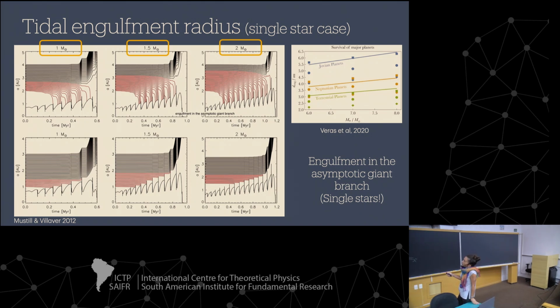The red lines are the separation at which, if I put one teeny tiny planet, at some point it is going to crash against the stellar radius, while the black lines are where it is not crashing against the stellar surface.